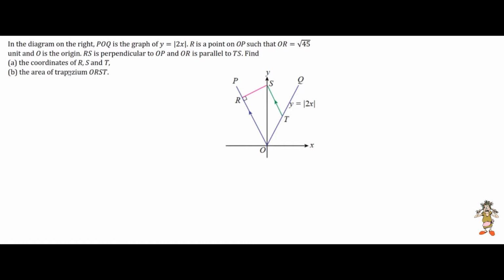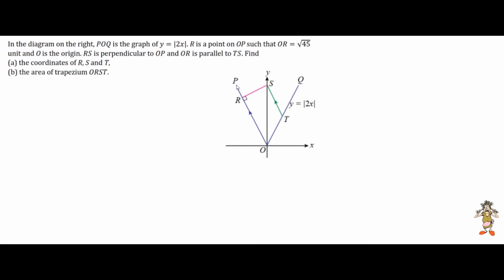Today we do a coordinate geometry mastery practice. Let's read the question. In the diagram on the right, POQ is the graph of y equals modulus 2x. R is a point on OP such that OR equals square root of 45 units, and O is the origin.